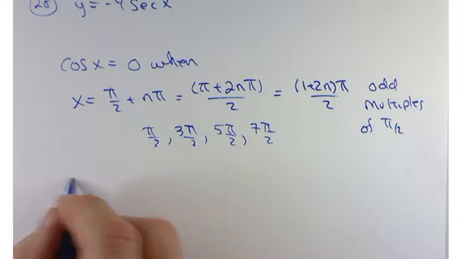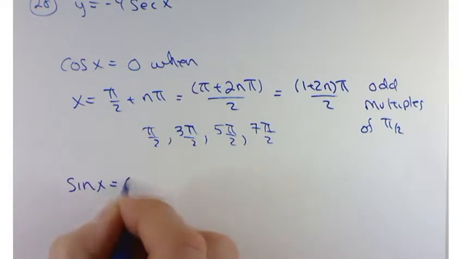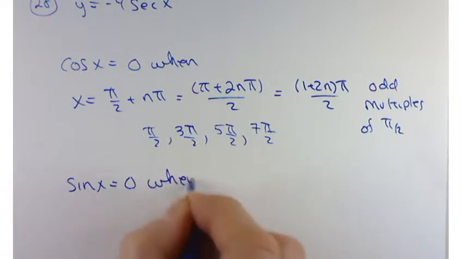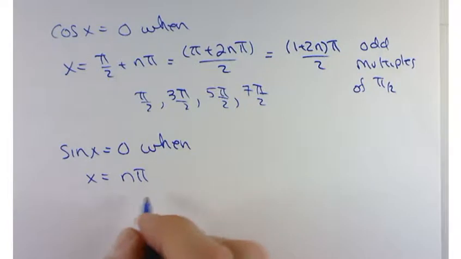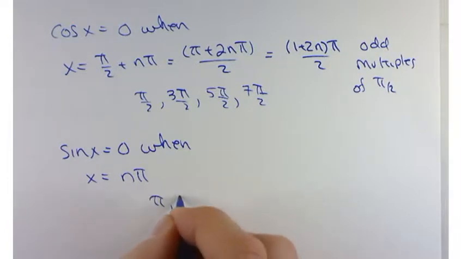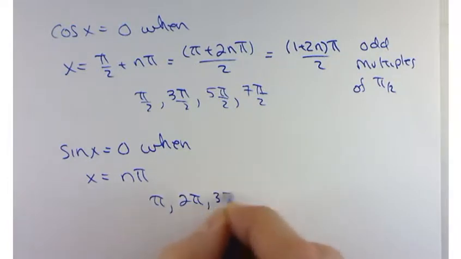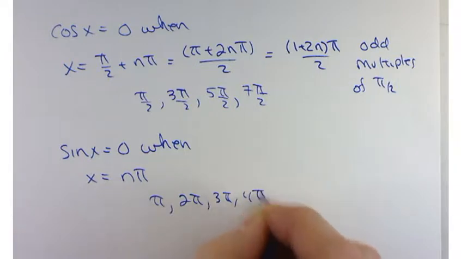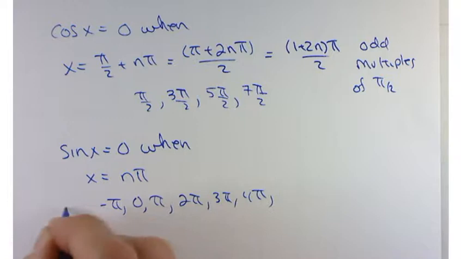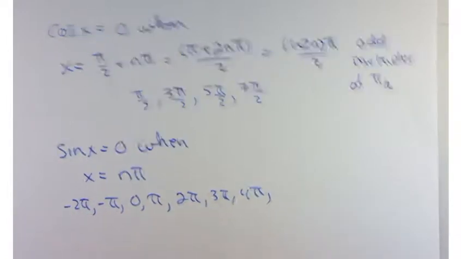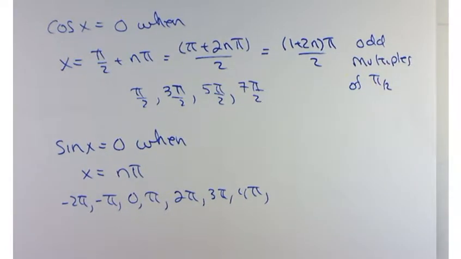Sine is easier. Sine of x equals 0 when x equals a multiple of pi. So pi, 2 pi, 3 pi, 4 pi, or 0, negative pi, negative 2 pi, and on and on. So sine is a little bit easier.